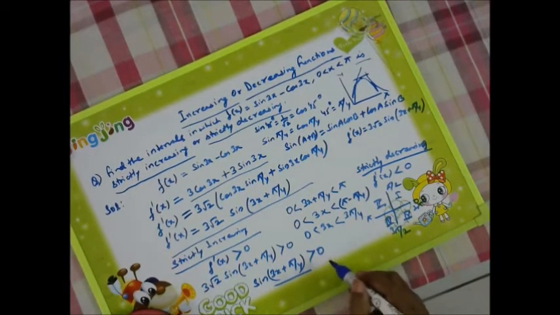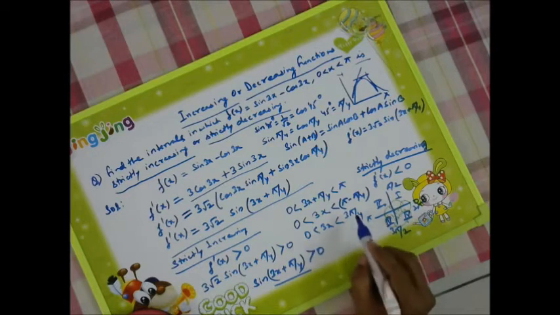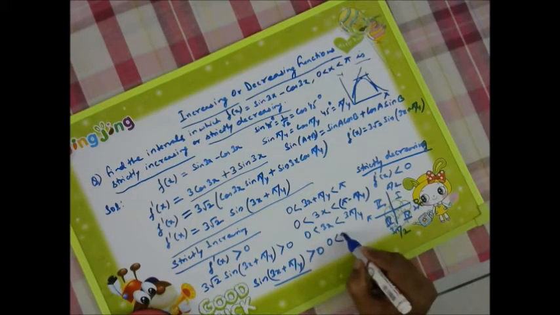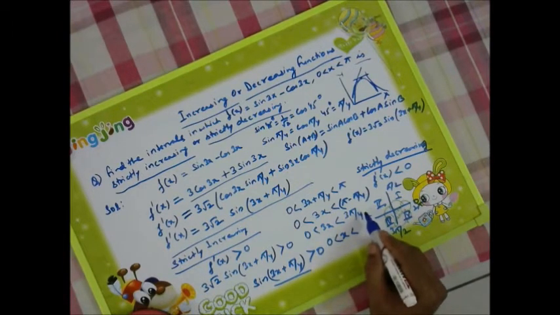Now we will divide all by 3. 0 divided by 3 gives 0 only, 3x divided by 3 gives x, and 3 pi by 4 divided by 3 gives pi by 4.